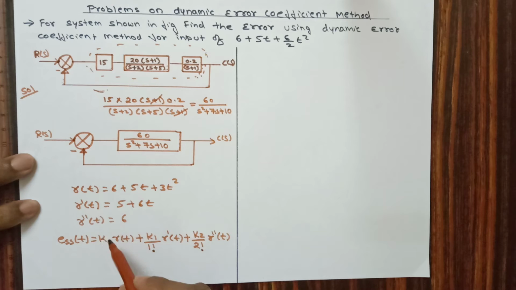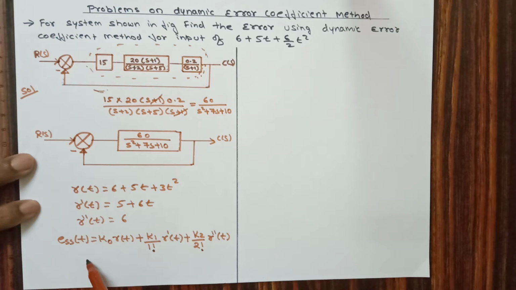Looking into the input given, we have written the steady state error formula and stopped at k2 by 2 factorial r double dash of t. Now we need to calculate the k naught value, k1 value and k2 value.